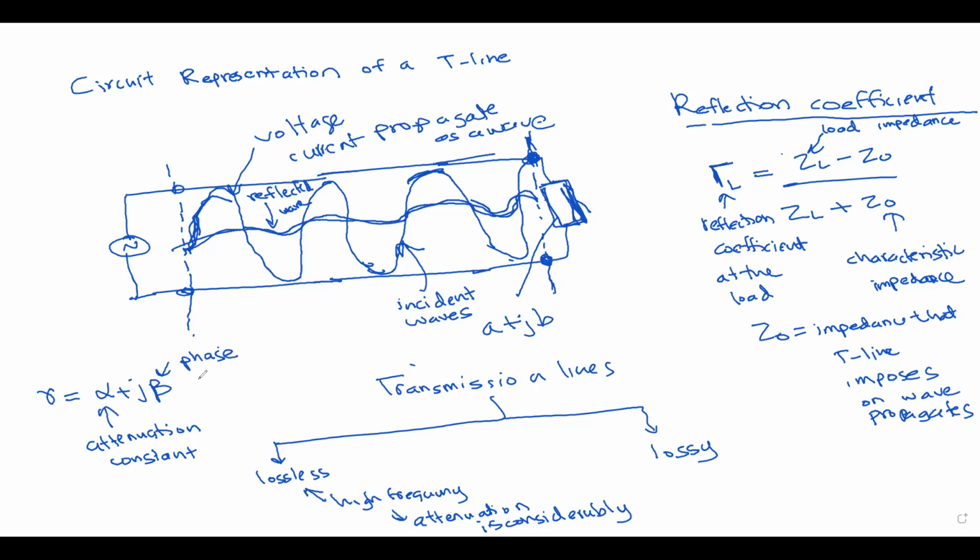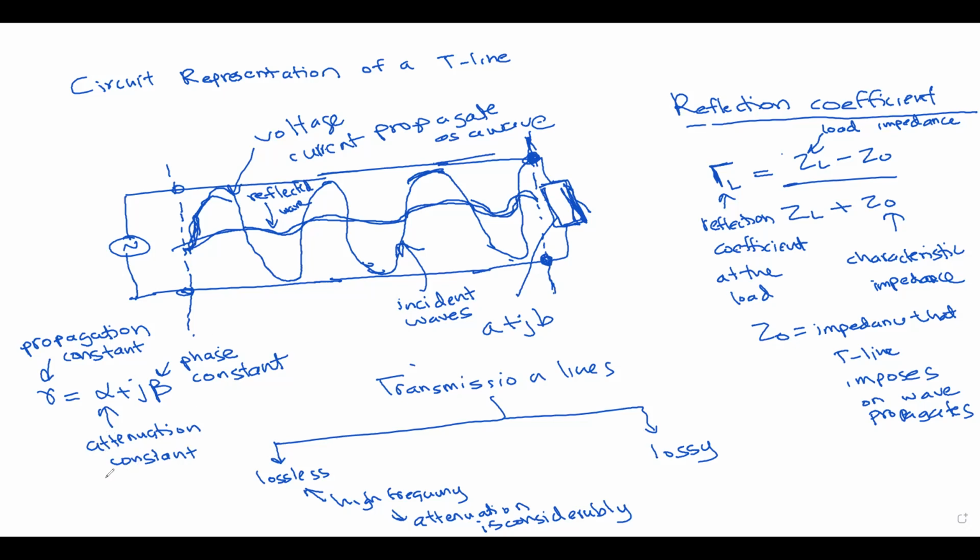Right? So the propagation of waves inside a transmission line can be denoted using this propagation constant. So the propagation constant can be used to denote the attenuation of the waves in the transmission line.